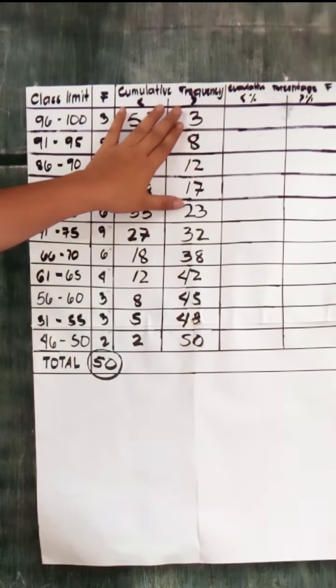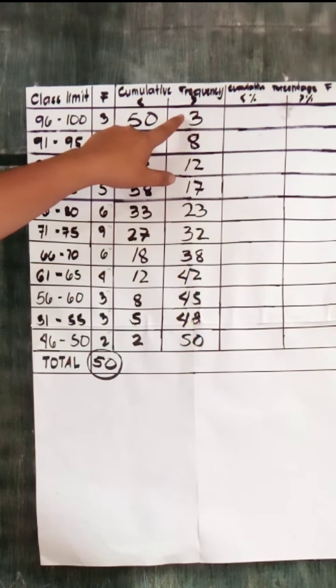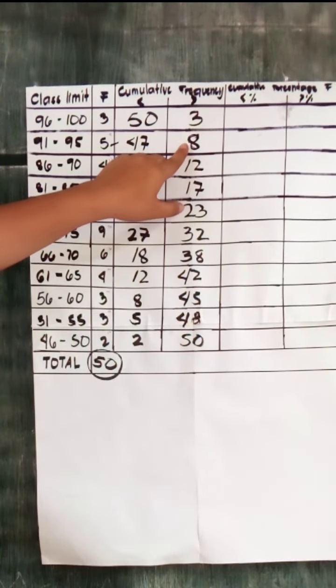You add first the number 3 to number 5 to get the answer of the second row.